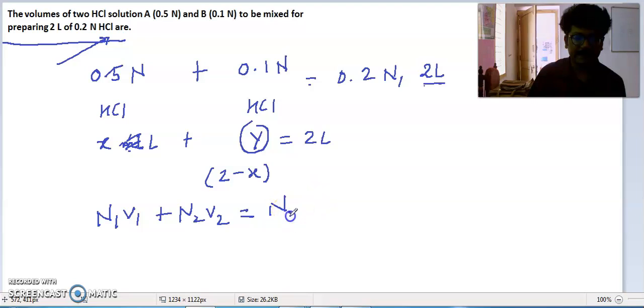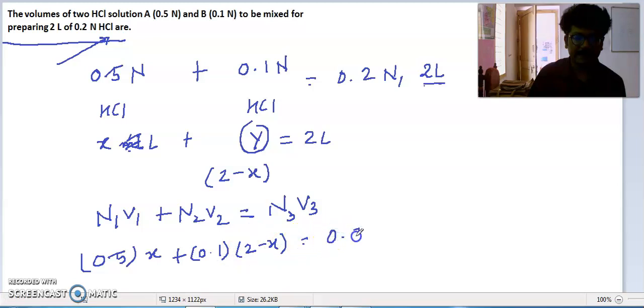So it is N3V3, or we can also write NFVF. What is the initial normality? That is 0.5 multiplied by X plus 0.1 multiplied by (2 minus X) is equal to 0.2 multiplied by 2. Right?